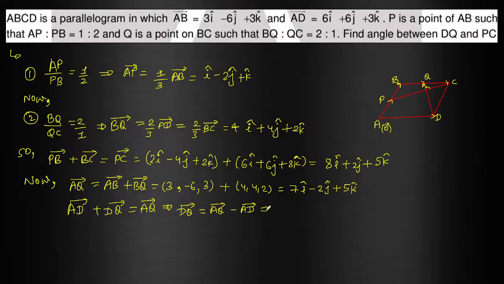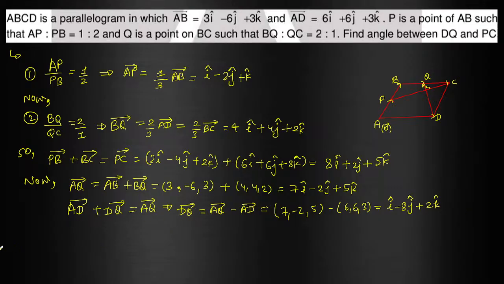So AQ vector is 7, minus 2, 5, and AD vector is 6, 6, 3, which gives I cap minus 8J cap plus 2K cap. Okay. This is AQ vector, DQ vector.